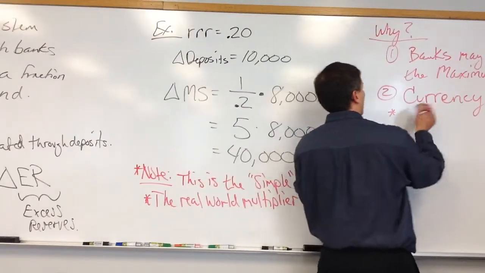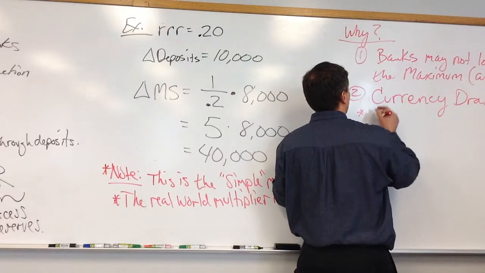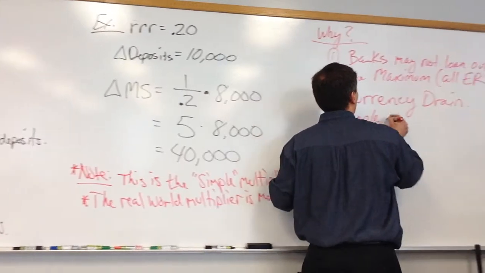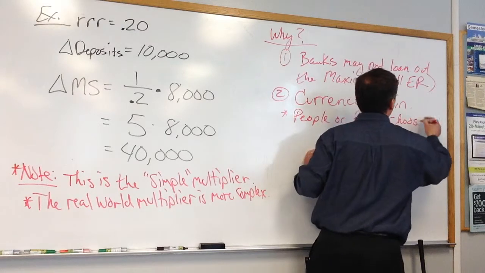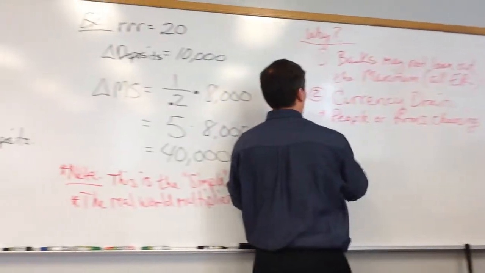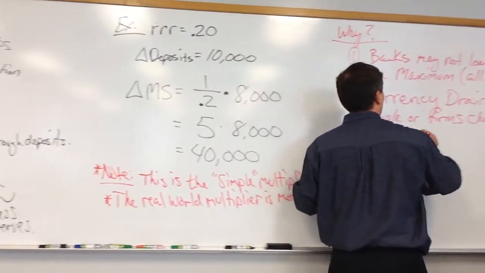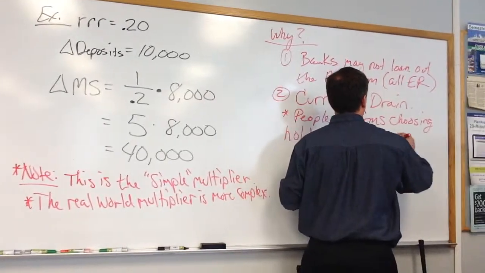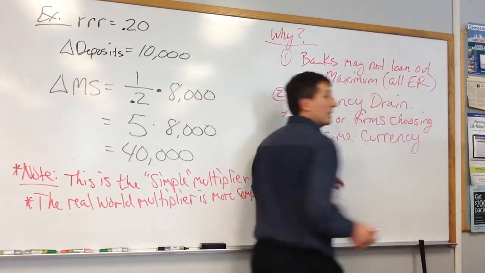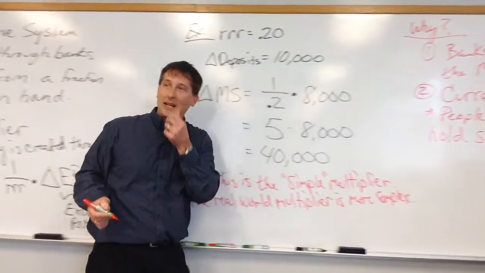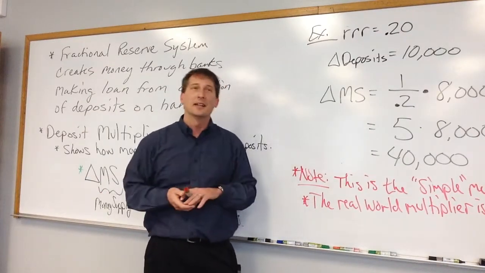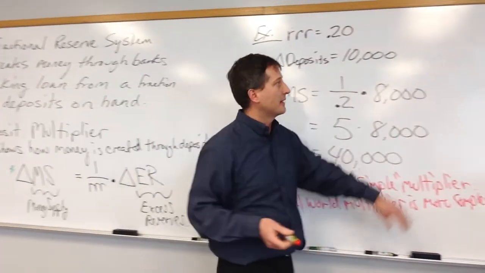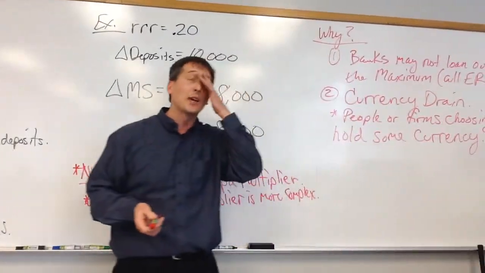This is people or firms choosing to hold some currency, which is pretty likely to happen. Even Brandon might not have put the full 10,000 in there. He might have been tempted to put in a little less than 10 and keep a little cash on hand.